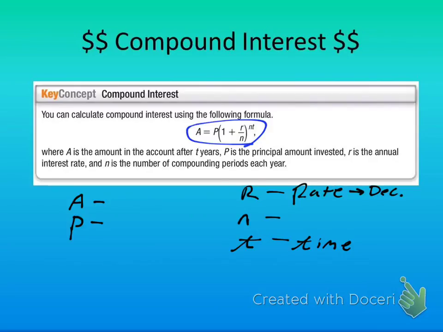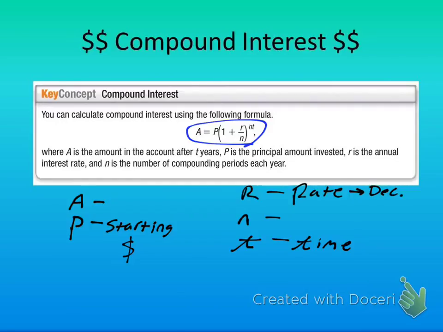The other three are kind of specific. P is called your principal. It's your starting money. It's how much money you take to the bank and say, I want to invest this.